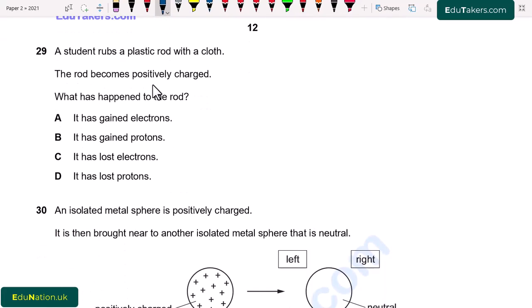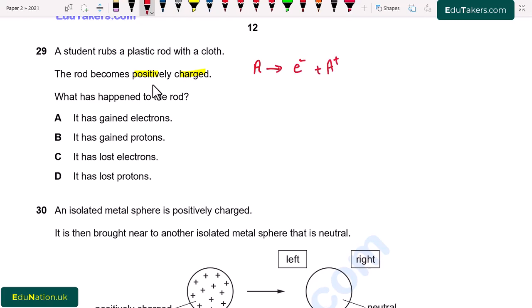Question number 29. A student rubs a plastic rod with a cloth. The rod becomes positively charged. What has happened to the rod? As the student rubs the plastic rod with cloth and the rod gets positive charge, it means that it has lost electrons. If I suppose that I have element A, then when it loses electrons, it becomes positively charged.